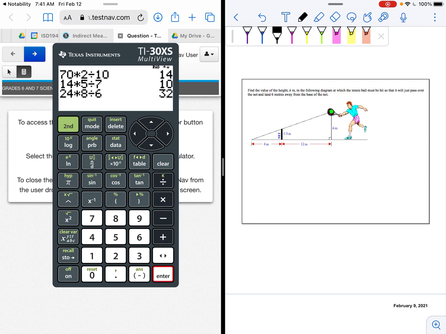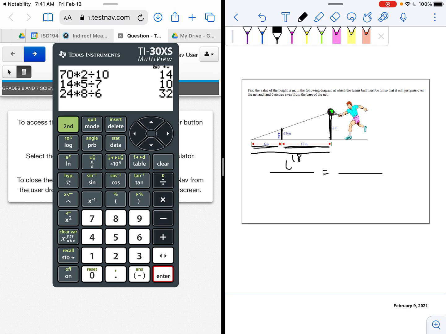Here's just another one where they're superimposed on each other. You can see the two triangles. One is formed by the man, the other is formed by the net. The net and the height of his racket are the corresponding side lengths. But if you notice here, this is 6 and this is 12, so together they are 18.